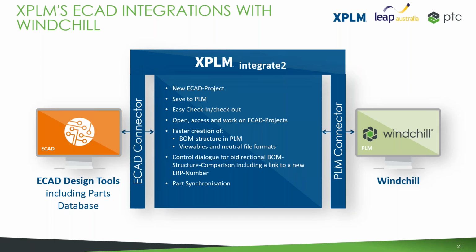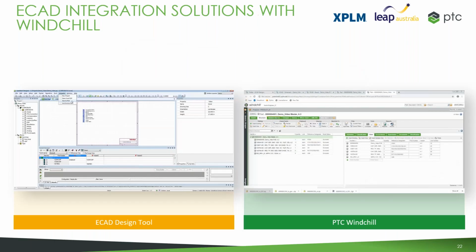So we basically work with those ECAD tools. We'll still keep working inside our ECAD tool, but we've got that connection into Windchill. So the ability to synchronize data between them, do structure comparisons, all of those data management things that you'd want to do inside your PLM system, from within your ECAD tool.